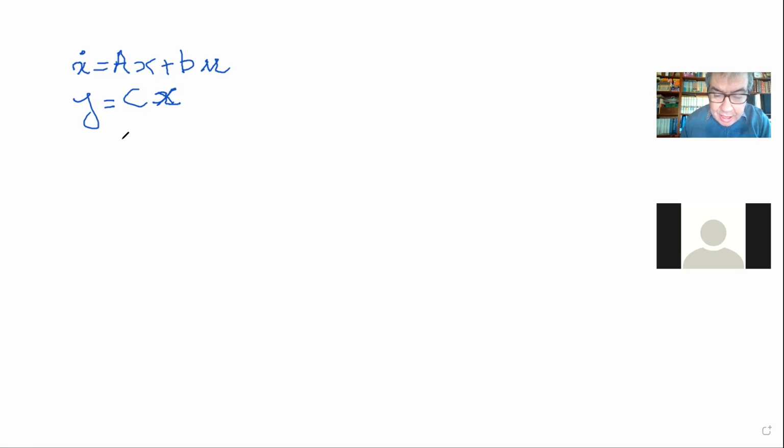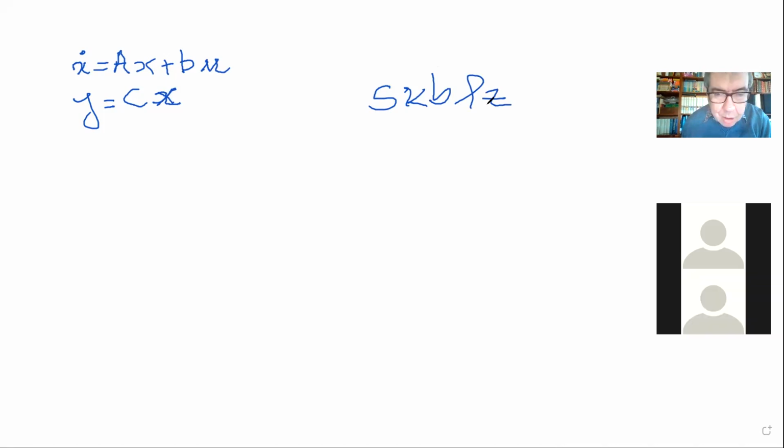What is scribble Z? So I ask you, what is the transfer function associated to the state model? What is the first thing that you need to know?